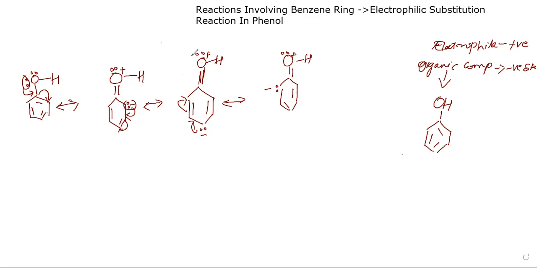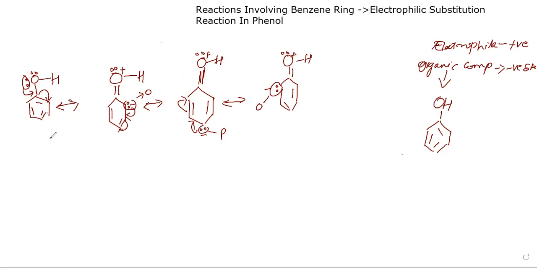And from these resonance forms, you can see very easily that first, this lone pair of electrons has reached this ortho position. This is your ortho position. Then it moved to the para position. This is your para position. Then it further moved to the second ortho position.